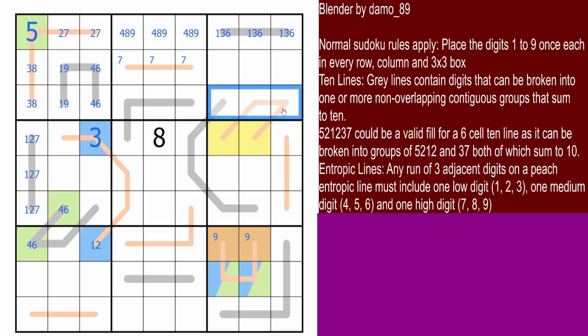By Sudoku, these two digits are 4, 6, 9, isn't it? Just by Sudoku, and 9 is one of these. 3 is somewhere here.